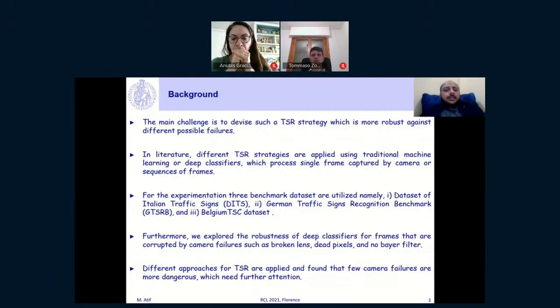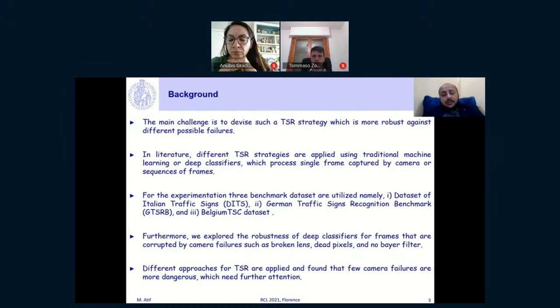The background is that the main challenge is to devise a TSR strategy which is more robust against different possible failures. In literature, there are many TSR strategies that are applied using traditional machine learning or deep classifiers.